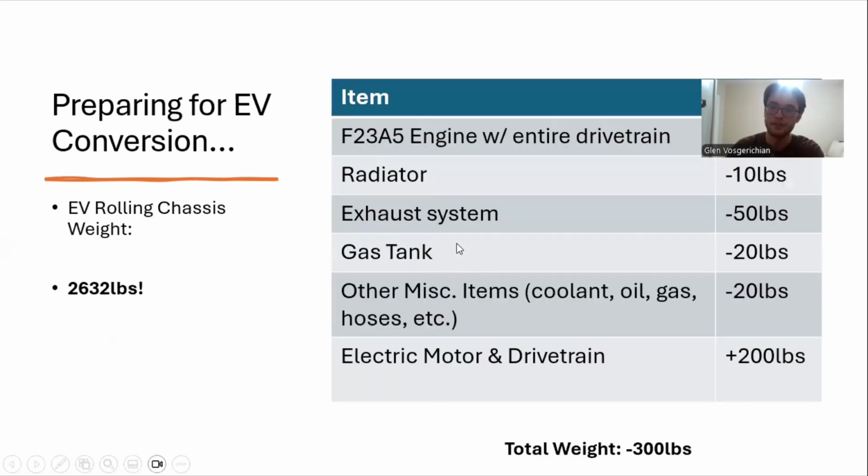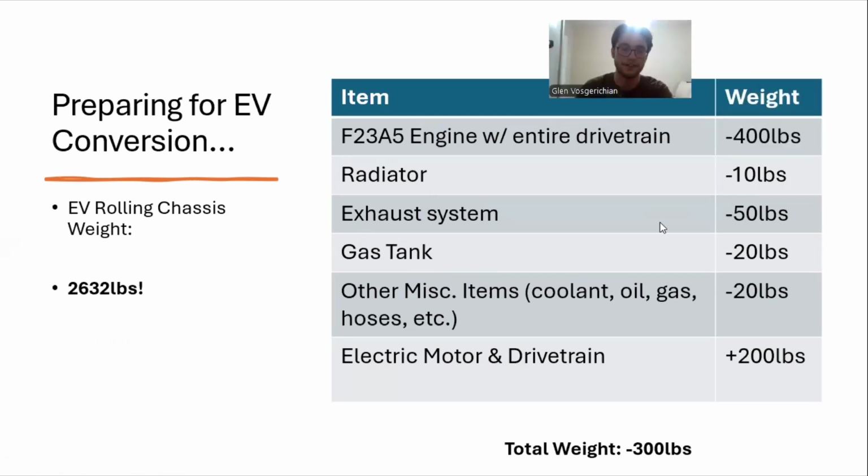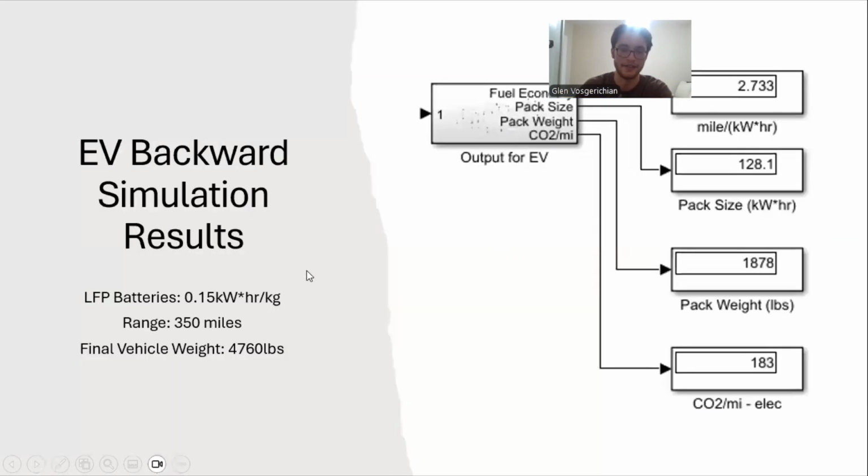So then we wanted to prepare for an EV conversion, and you can see our table here, we get a total weight of 2,600 pounds without the pack. So we plug that into the back sim, and this is what we get.